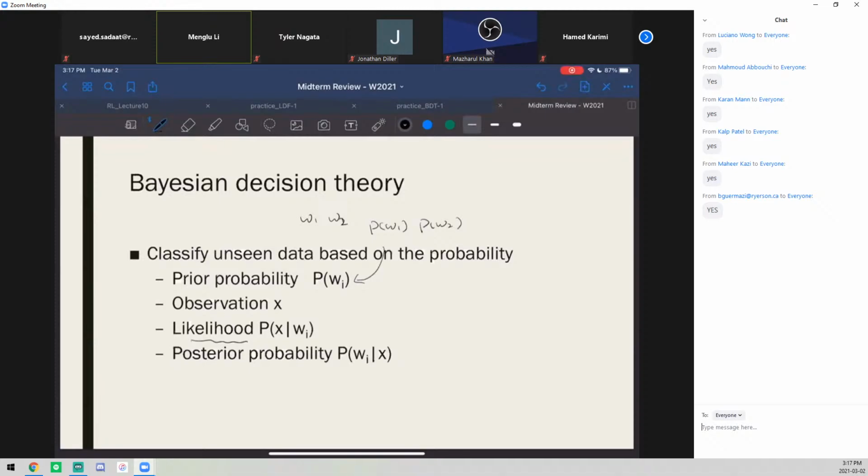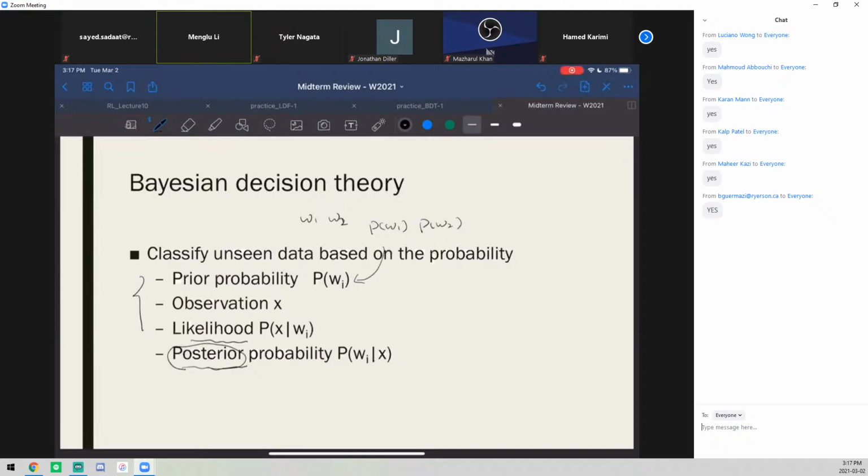So we know these three, and we want to know, given X, what is the probability that X belongs to class 1 or class 2. This conditional probability we call the posterior probability. That's the one we want to calculate.